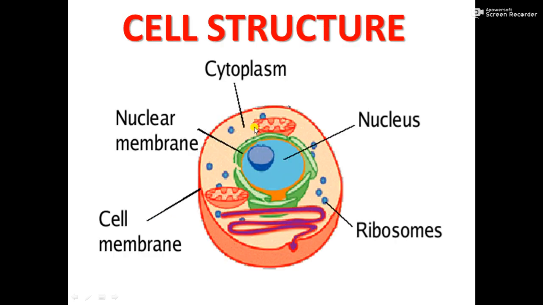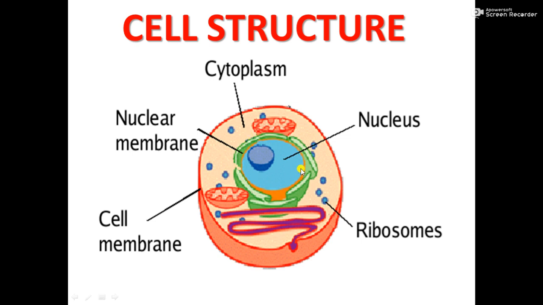Now let us see the structure. This is a simple typical cell structure. So here is the plasma membrane, cell membrane or plasma membrane, and this inside whole part is called the protoplasm. And the protoplasm has 2 major components. This center structure is called the nucleus, which is membrane bound.